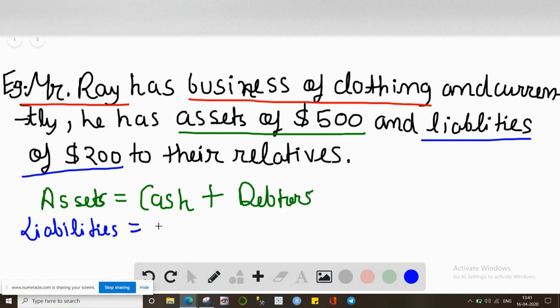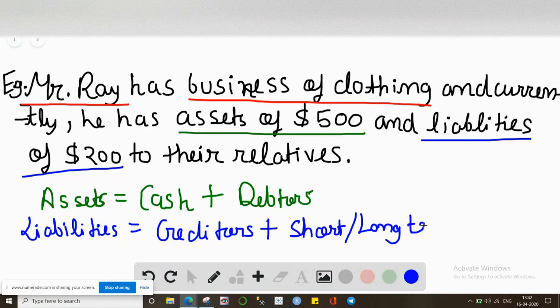Like, let's say, we have creditors, or short term debt, or long term debt. These are our financial obligations which we have to pay off during the lifetime of the business.